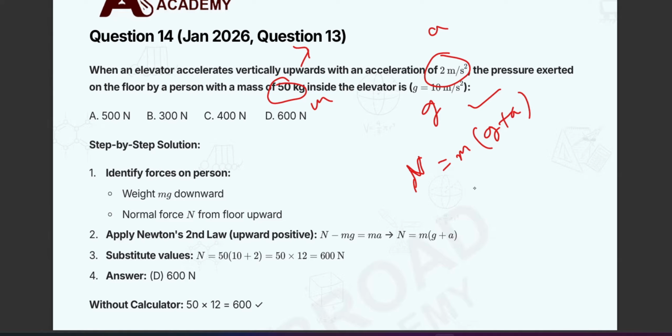So m is 50 kg, g is 10 and a is 2. 50 into 12 will be 600 Newton. So N is 600 Newton, which is mainly D.